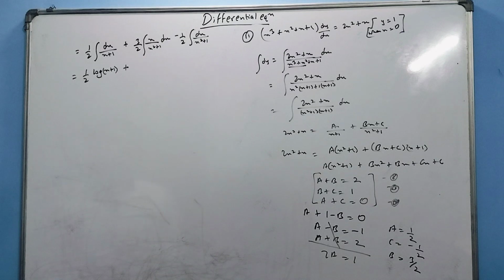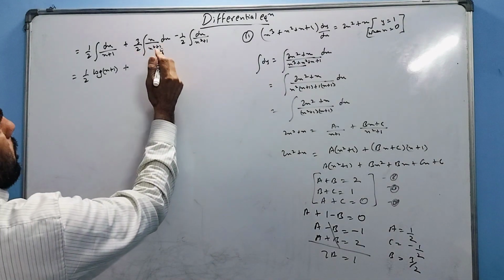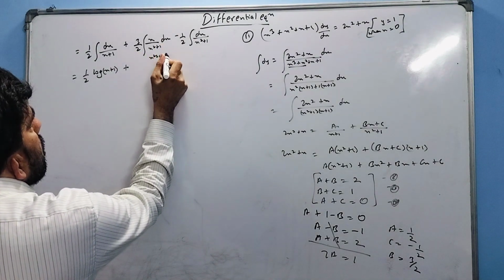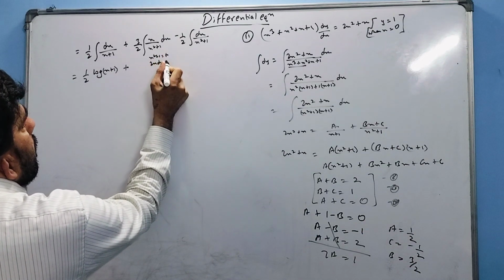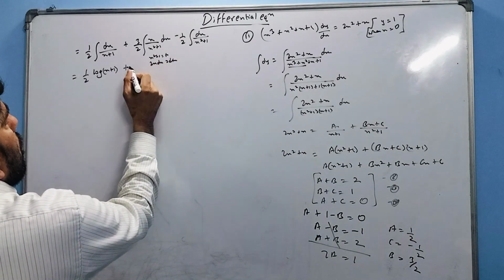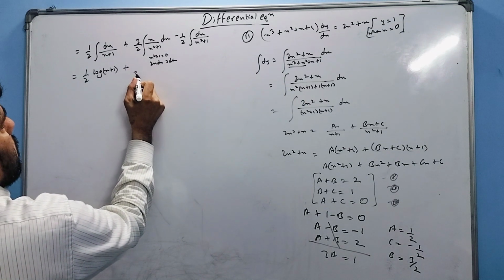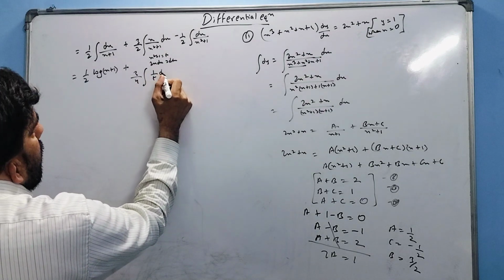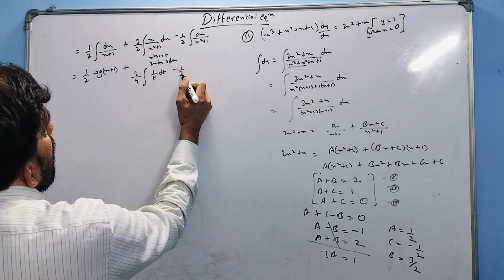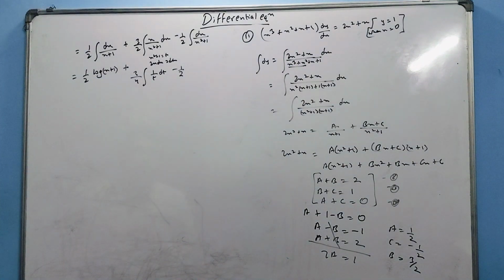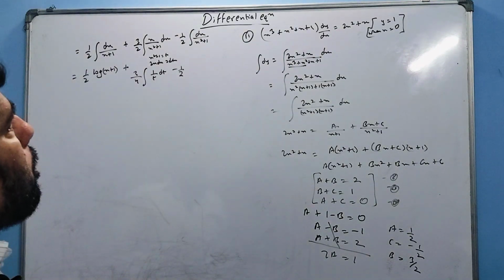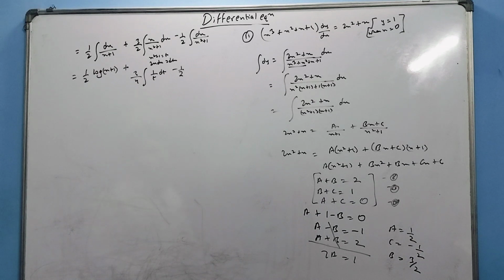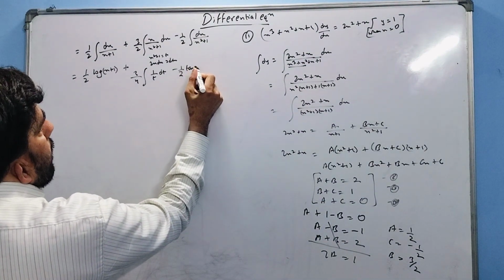Now what we can do here, if I put x square plus 1 is equal to t, so we have 2x dx is equal to dt, x dx is equal to dt by 2. So it will become 3 by 4 of 1 upon t dt minus half. Here we can directly put the formula for 1 upon x square plus a square, which is tan inverse x plus c.